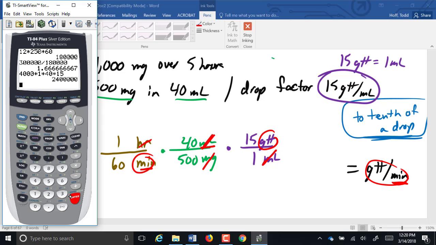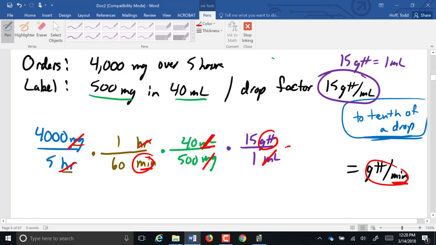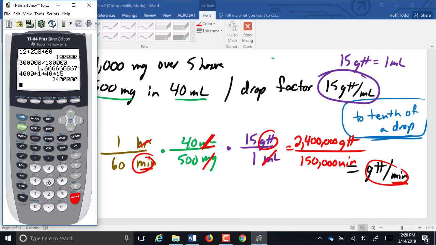Gives us 2,400,000 drops. On bottom, 5 times 60 times 500 is 150,000 minutes. I'm just going to double check that.